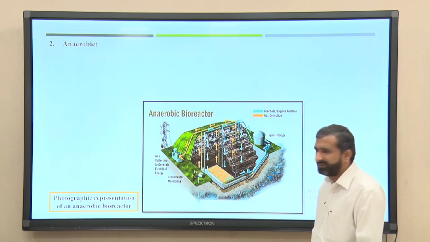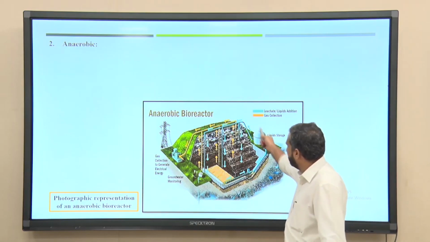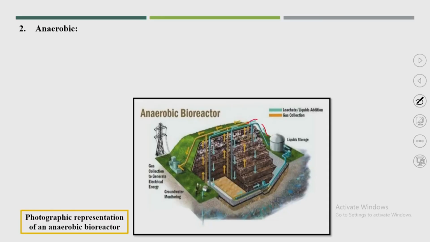The operation is the same: leachate is stored, and again you recirculate it into the biomass. Now, because the landfill already has the final cover and is a closed landfill, the entire mass will be under anaerobic conditions.